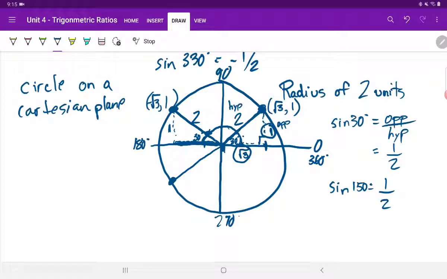Okay, so if we went 210 degrees, so we went beyond 180 here, what is this angle here with the x-axis? If this is 210 there, and 180 was at the x-axis, what is this angle here, or the related acute angle it's called?